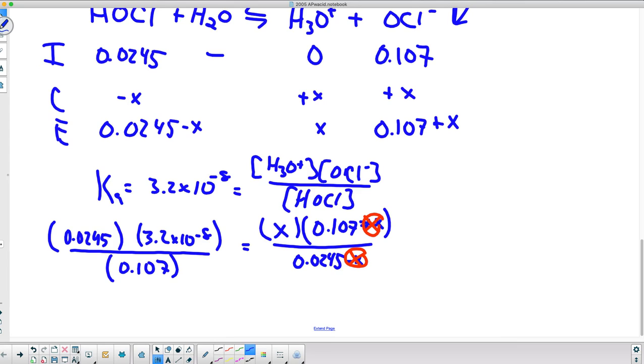And then x should equal whatever we get for that. Now, what we get for that is x equals 7.3 times 10 to the negative 9.